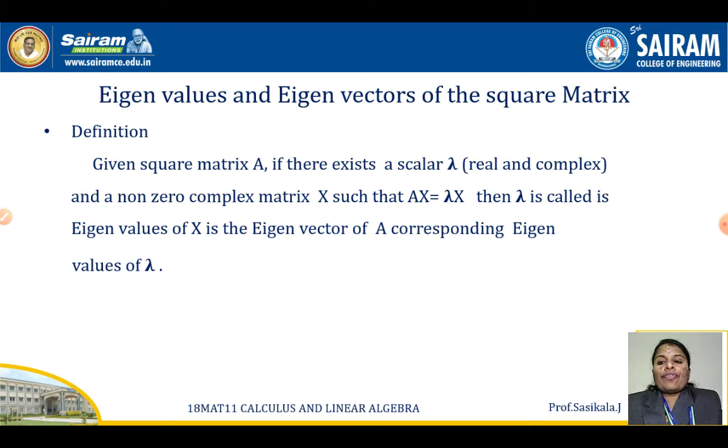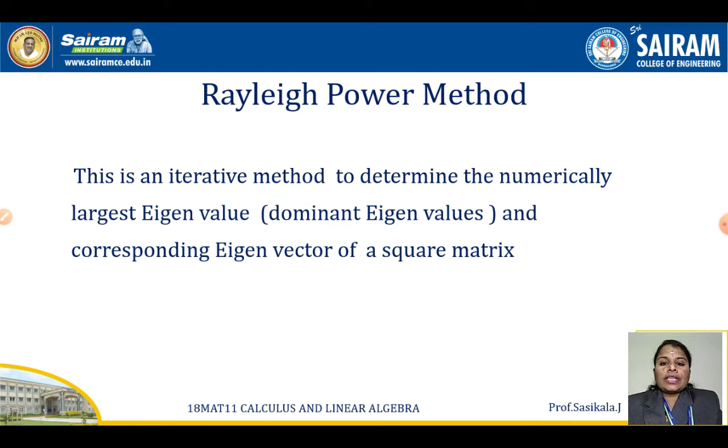To find eigenvalues and eigenvectors, as per the syllabus, we have a topic under eigenvalue and eigenvector, which is Rayleigh's power method. With Rayleigh's power method we are going to find only the largest eigenvalue, and we calculate the corresponding eigenvector from this method.